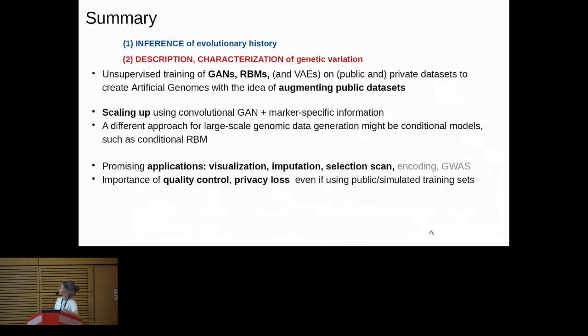And finally, that the application could be in visualization, so in the latent space, imputation, selection scan. I didn't show, but in fact, you can check that you still have the selection signals in the generated genomes, of course, and GWAS, it's more like a future work that still has to be proven.